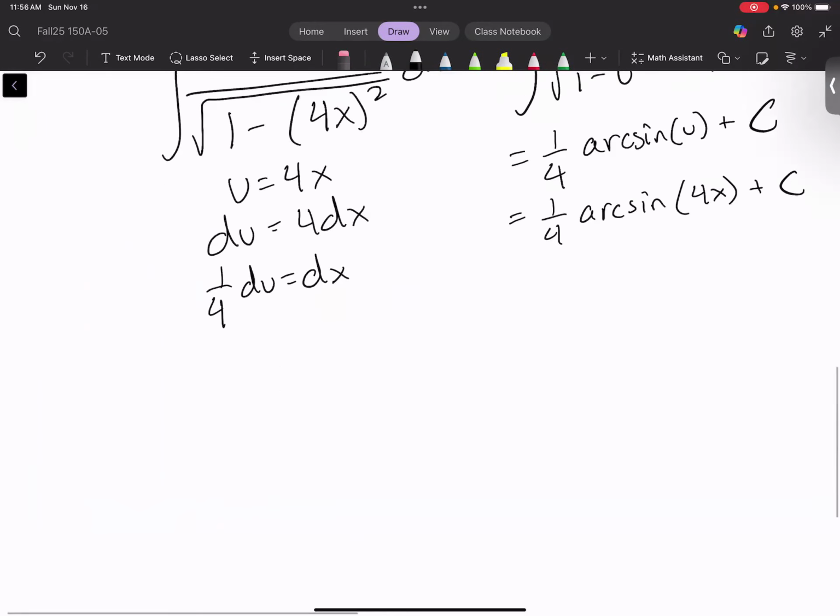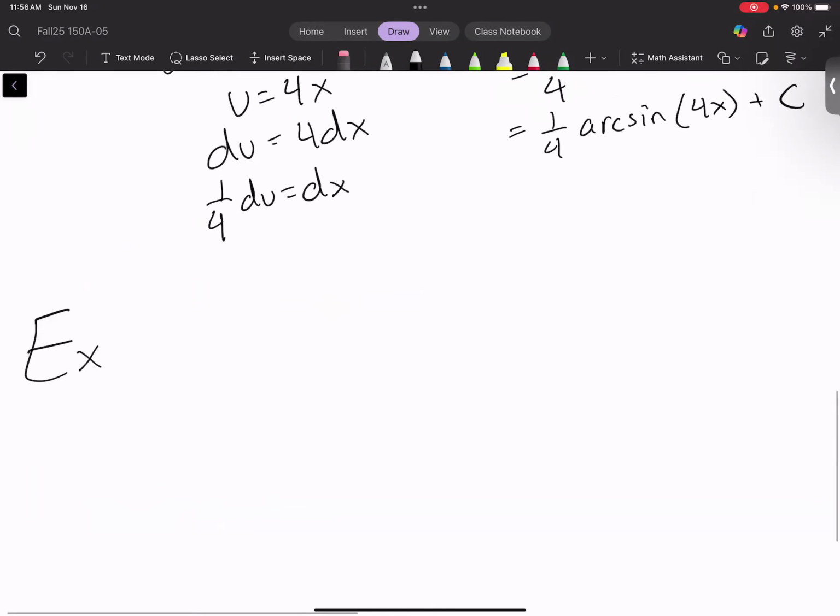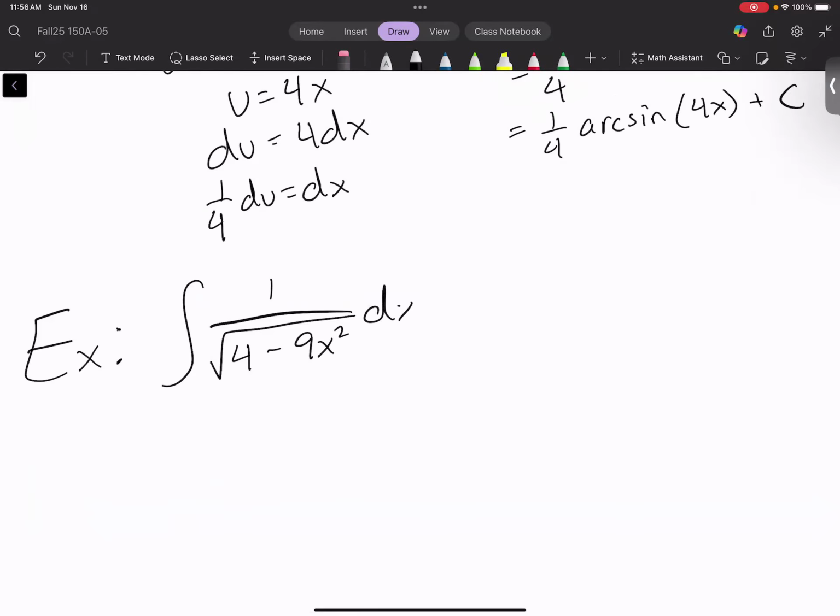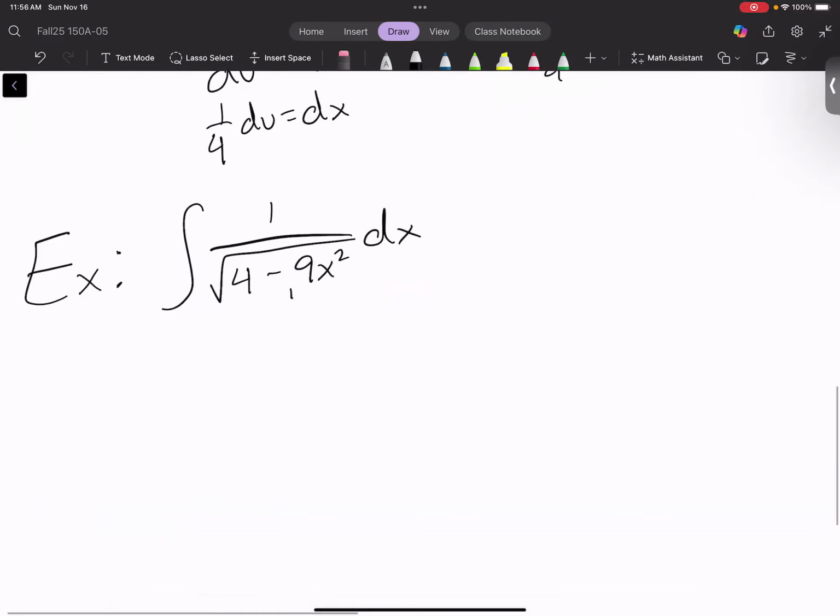Let's try it with multiple pieces happening. So something like this is going to happen in the previous example, and an extra bit, which we looked at at the beginning of this video. Let's look at this. So first of all, this guy's our problem. We need it to be just a variable squared.